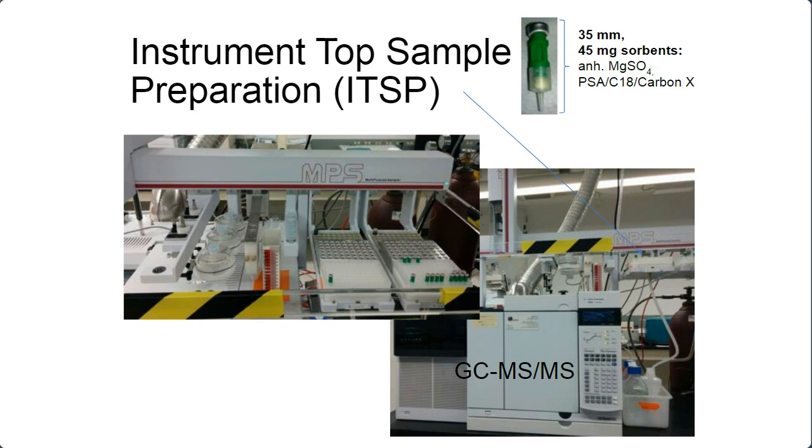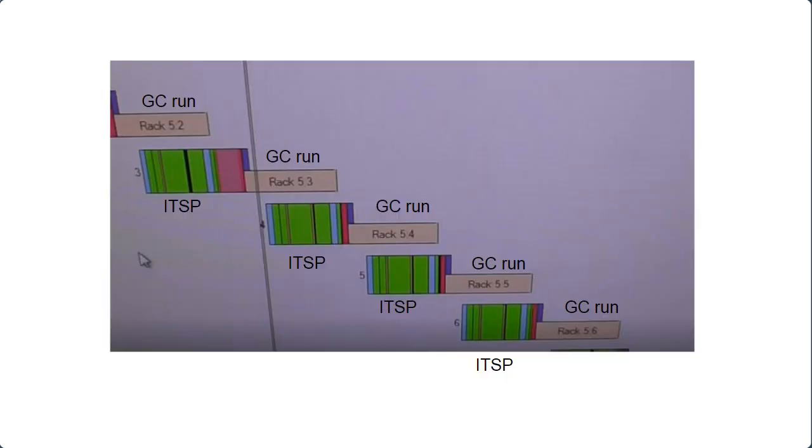So here's a scheme that shows you how the GC run is conducted in parallel with cleanup. We have a cleanup step of 10 minutes, and then the sample is injected into the GC, and the robotic arm now starts the next sample cleanup.